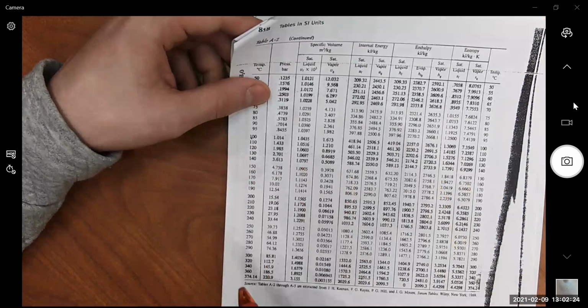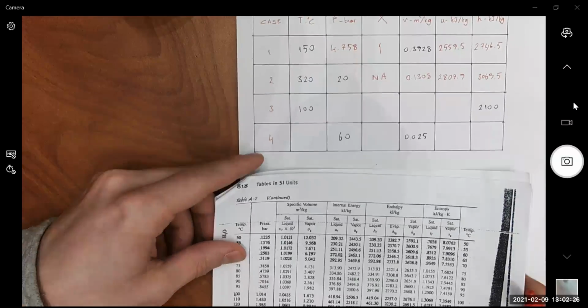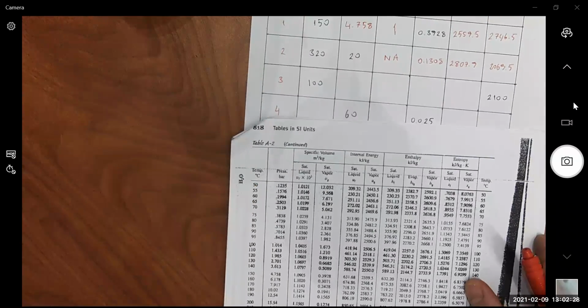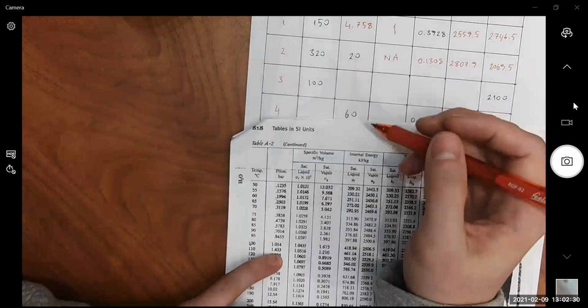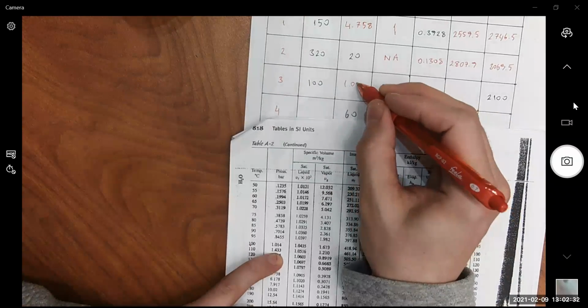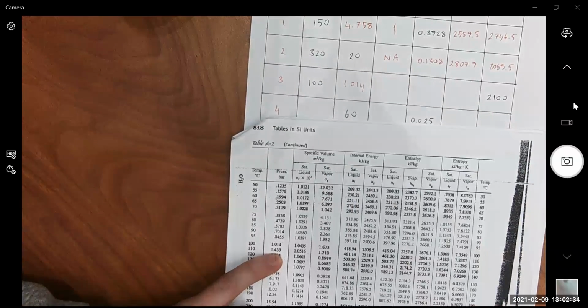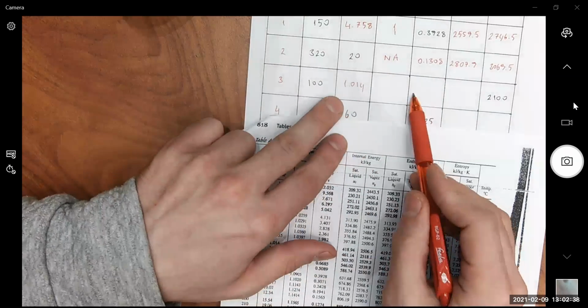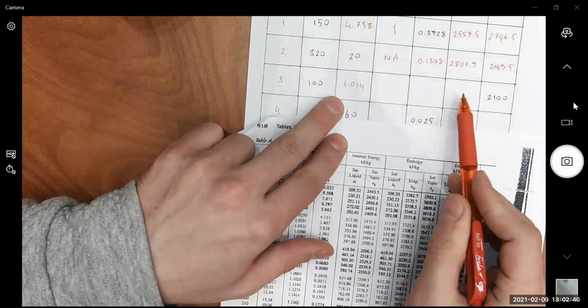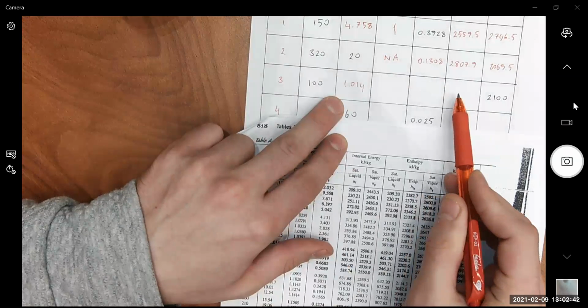So my pressure, the saturation pressure, is 1.014 bar, right? I know my enthalpy. I need to calculate my specific volume and specific internal energy. But first, I need to calculate my quality factor.